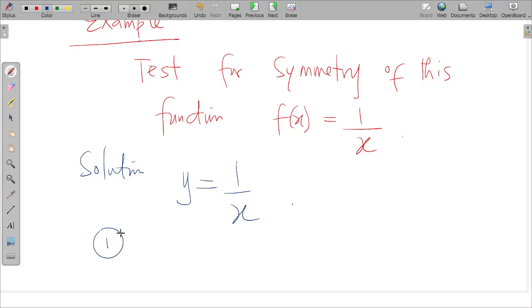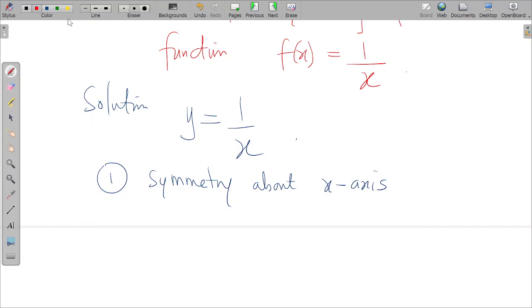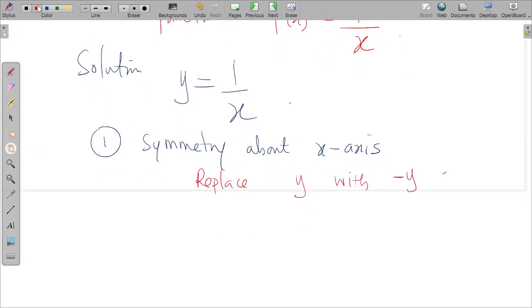First, let's test for symmetry about the x-axis. To test for symmetry about the x-axis, we find when y is negative. So we replace y with negative y.